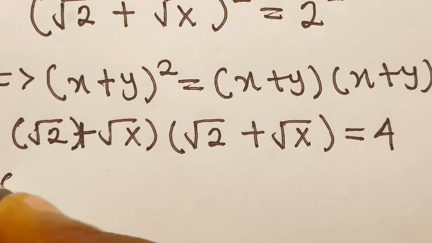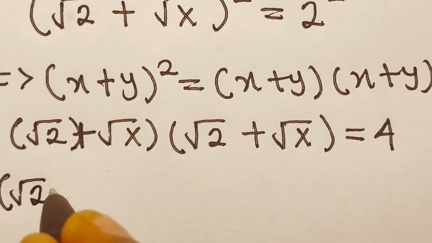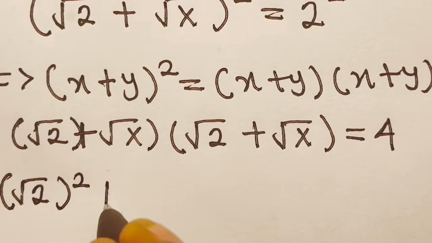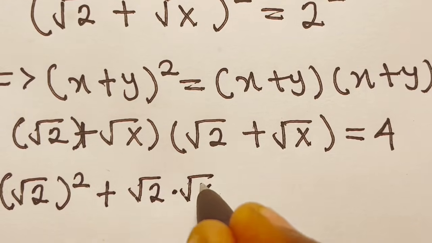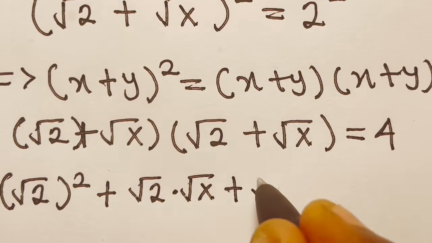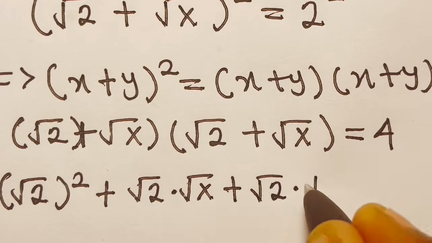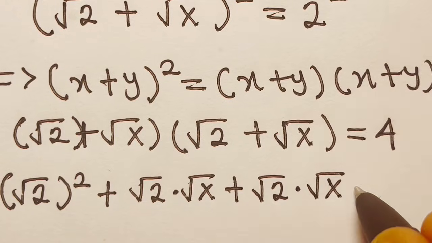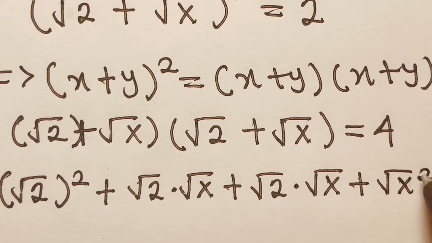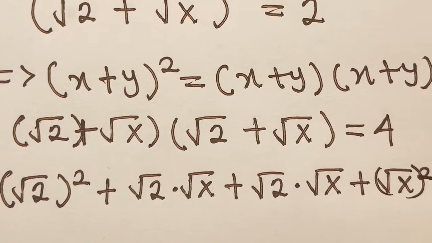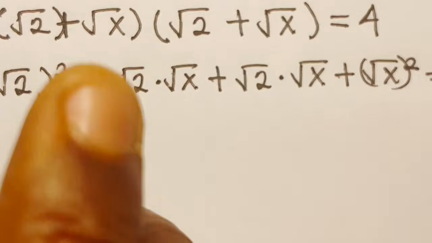So now let's expand this. If we expand this, we are going to have square root of 2 squared, plus square root of 2 times square root of x, plus square root of 2 times square root of x, plus square root of x squared, equals 4, right?